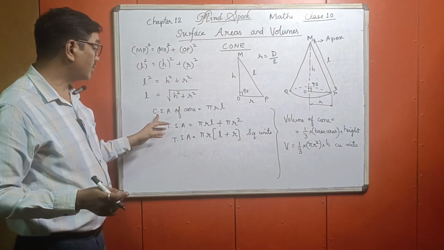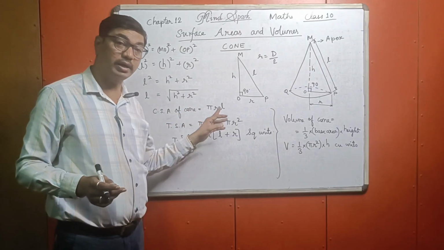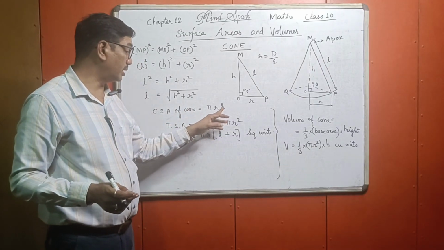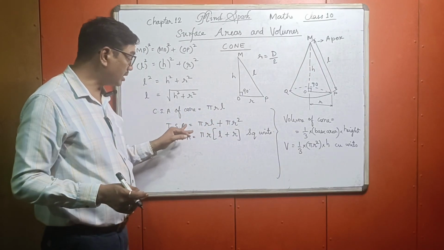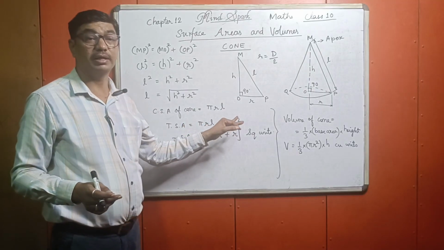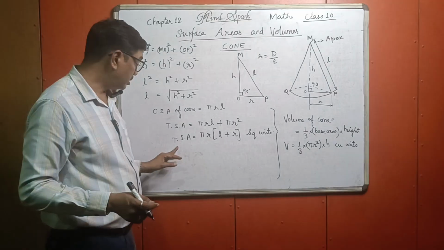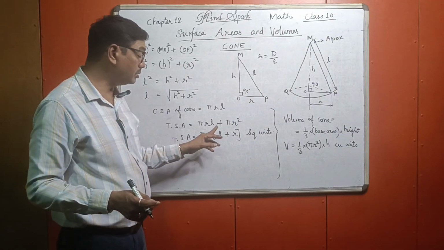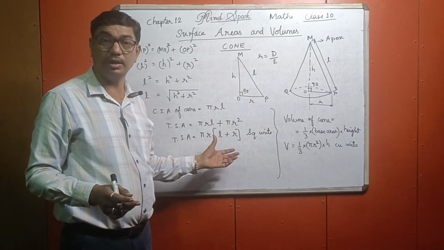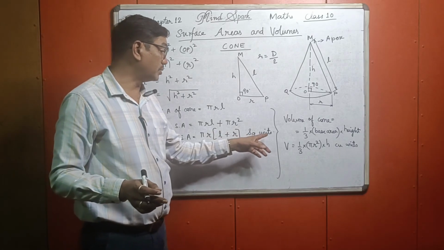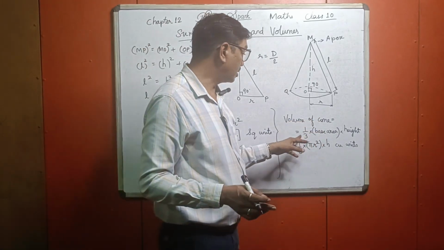Curved surface area of a cone is pi r l. Total surface area is pi r l plus pi r square. This pi r square is about the circle. Total surface area is equal to pi r into L plus r, taking it common, in square units.